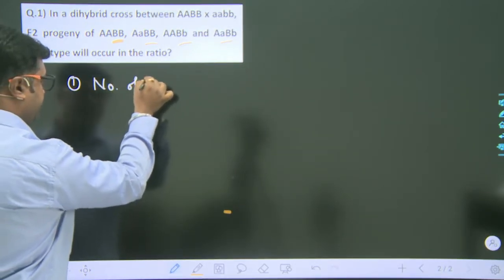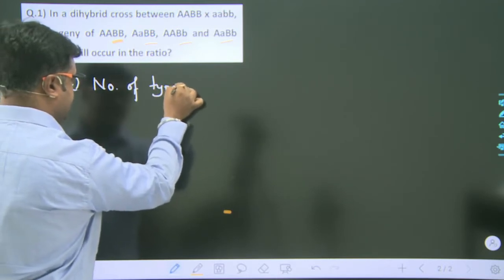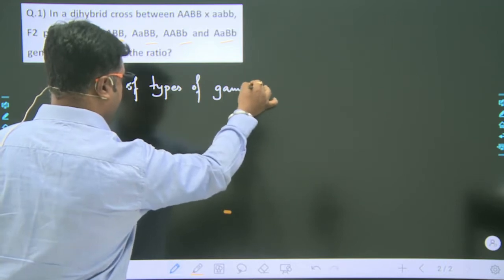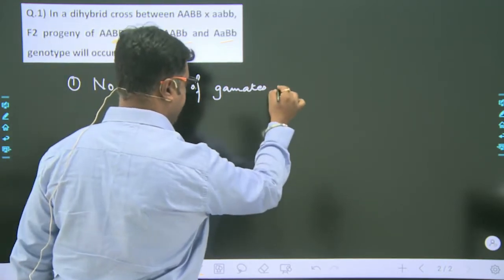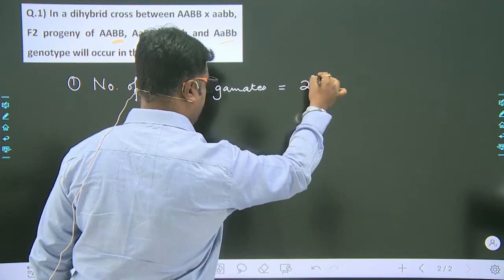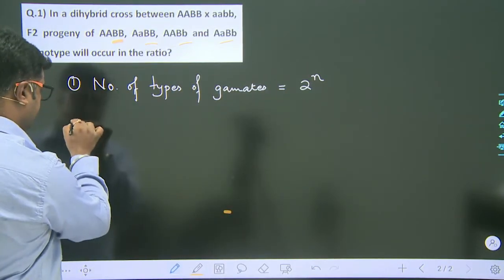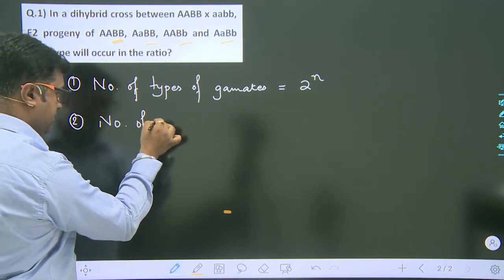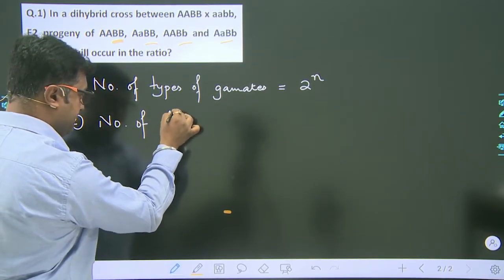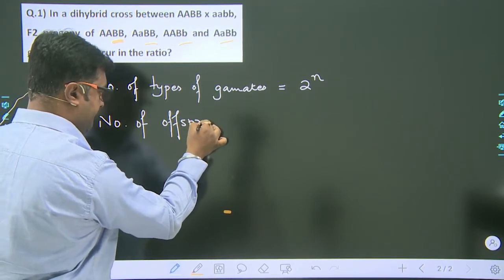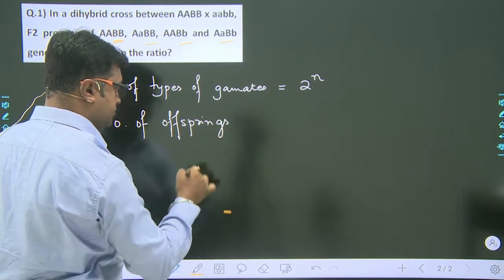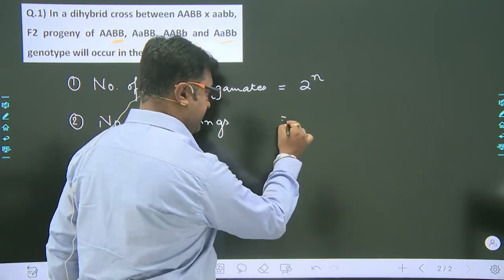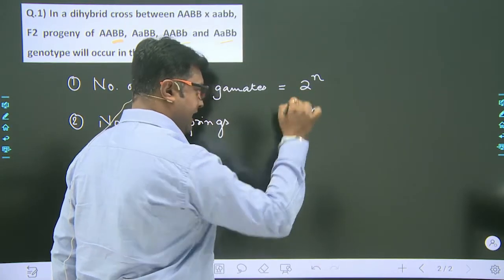The number of types of gametes that will occur is given by the formula 2 to the power n, and the second formula, the number of offsprings or zygotes produced after a particular cross, is given by 4 to the power n.